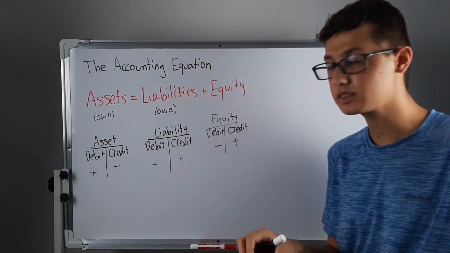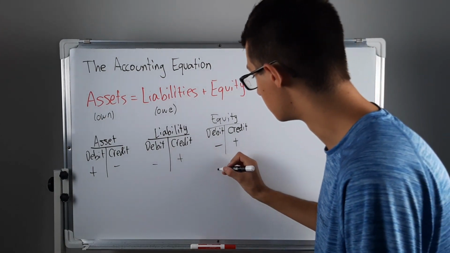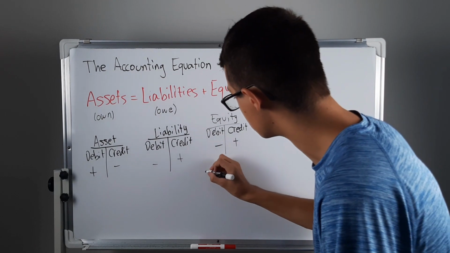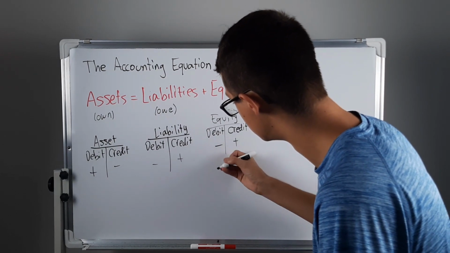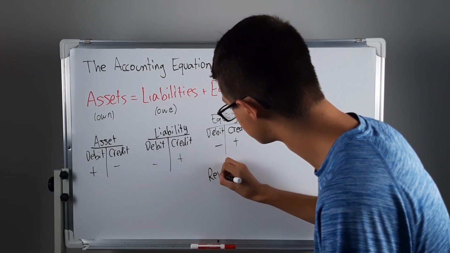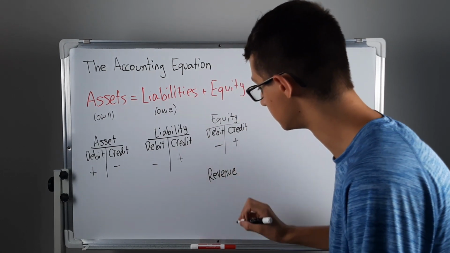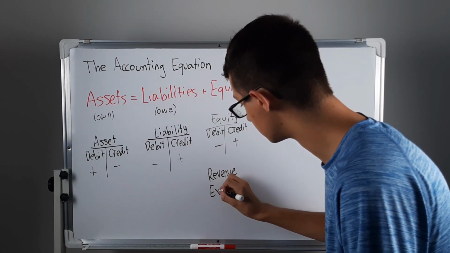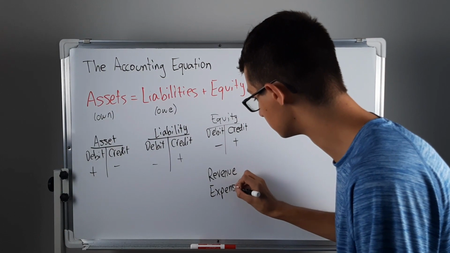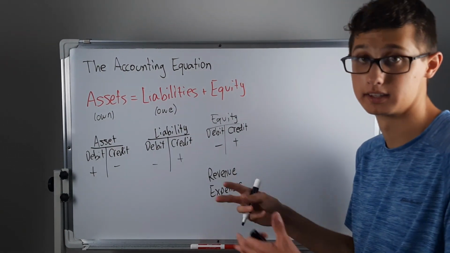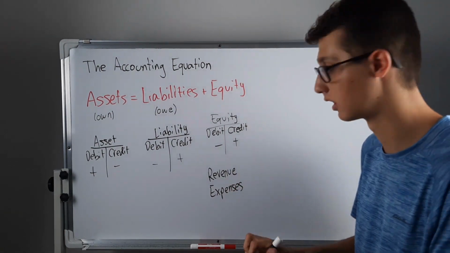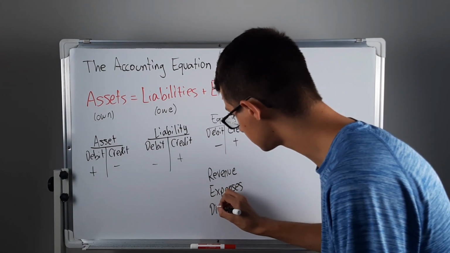These two are the same. The difference is that we deal with revenue, which is a form of equity. Expenses are also a form of equity. So any revenue that you generate, expenses that you incur, dividends.